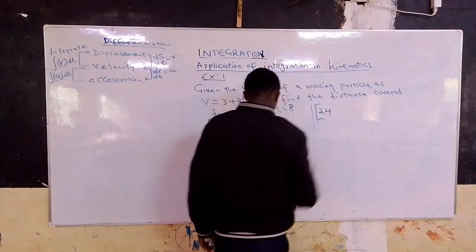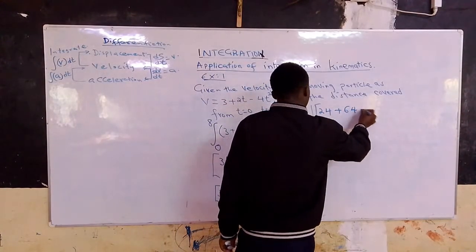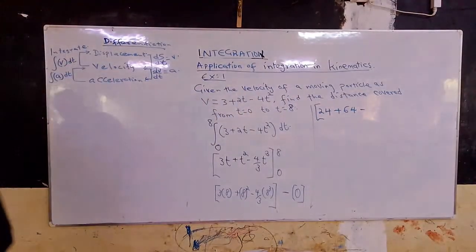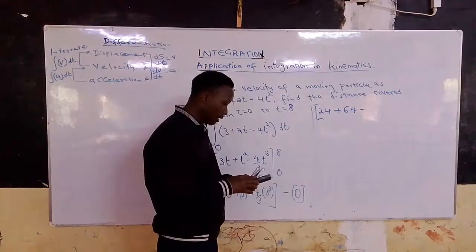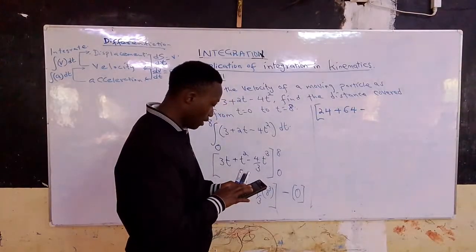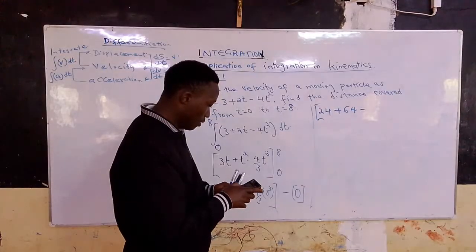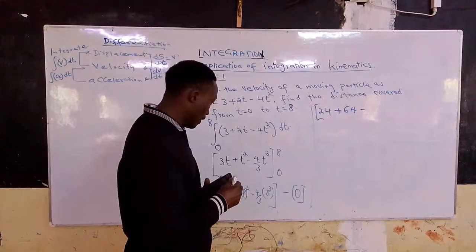24 plus 64 minus, so 8 cubed is 512 multiplied by 4 over 3 is equal to 2048 over 3.